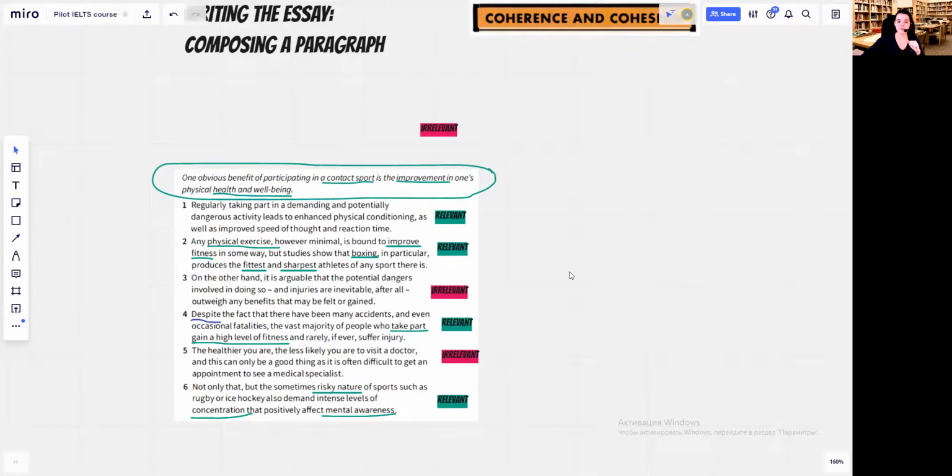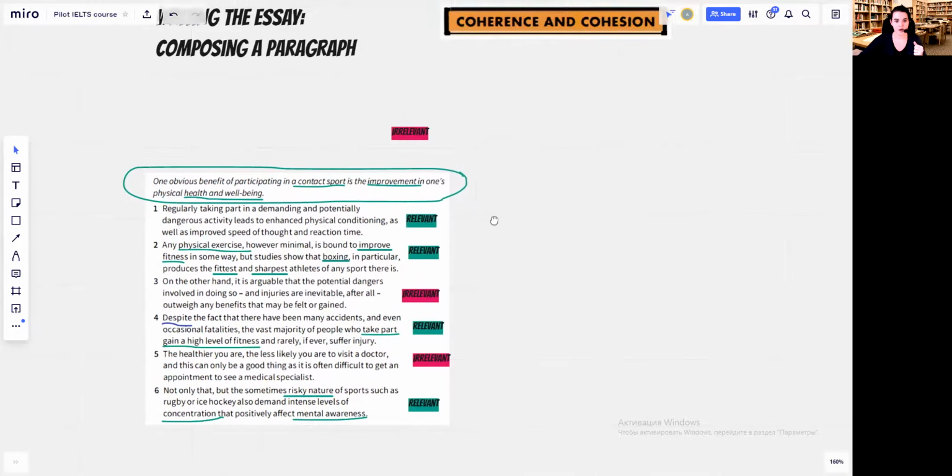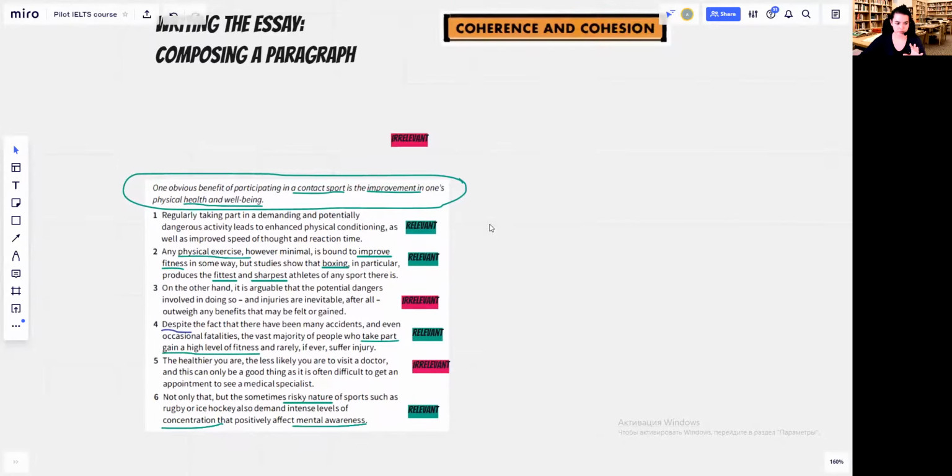sentence. So let's see what techniques were used by the relevant sentences to develop the original topic sentence, the one that's circled here. If you think about it, you can basically narrow it down to several main functions.